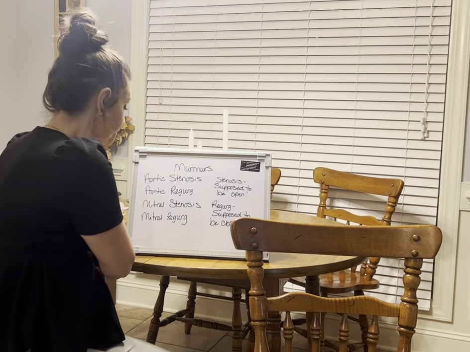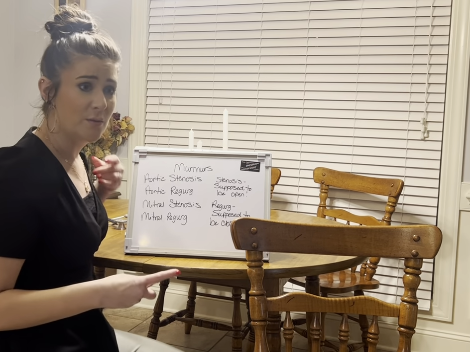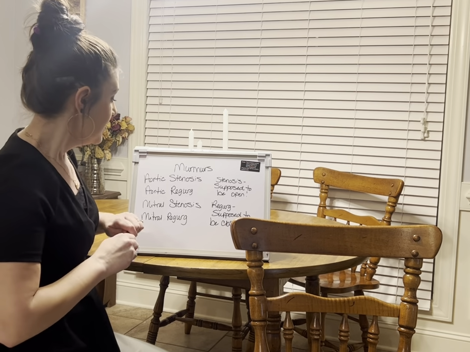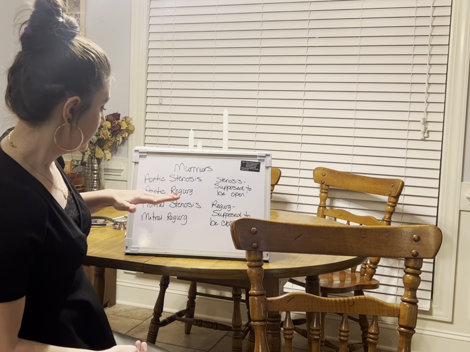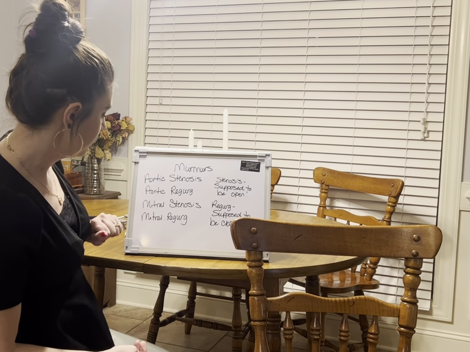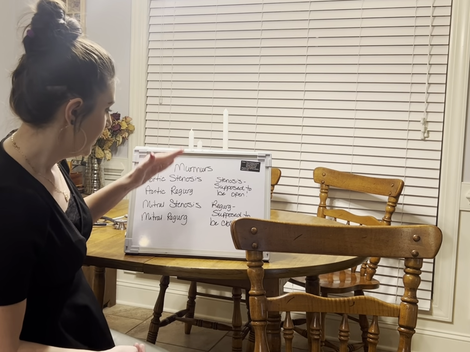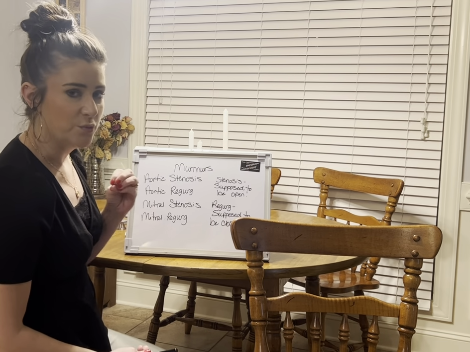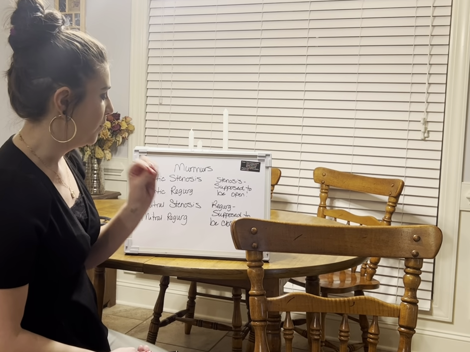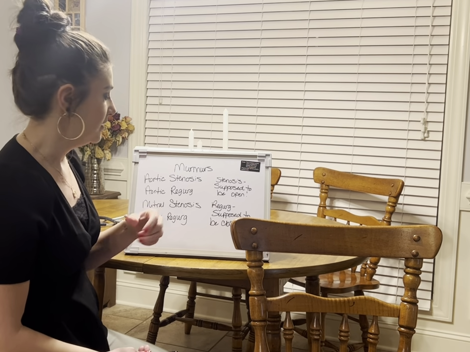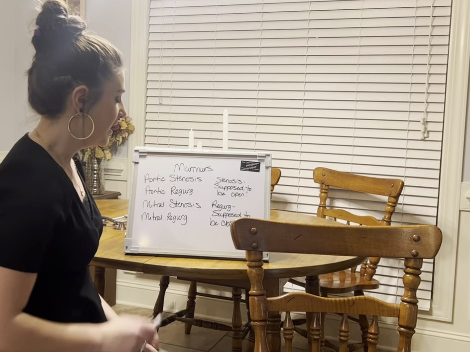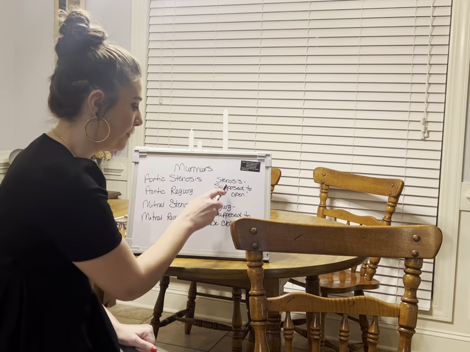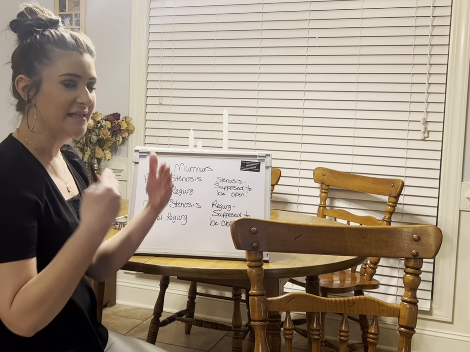So let's talk about these murmurs and what produces these. So I have aortic stenosis, aortic regurg, mitral stenosis, mitral regurg. These abnormalities within the valves cause murmurs to be auscultated. So, stenosis. This is a valve that is supposed to be open, but it's stenotic.